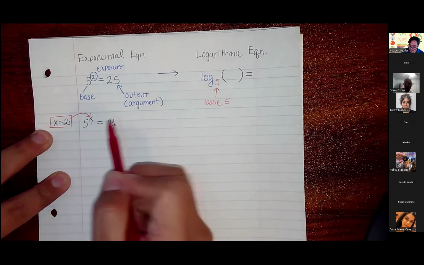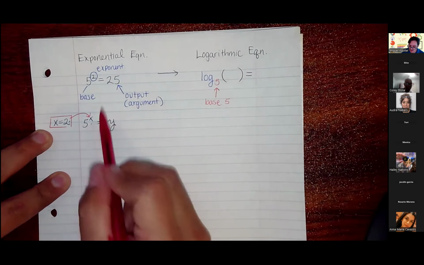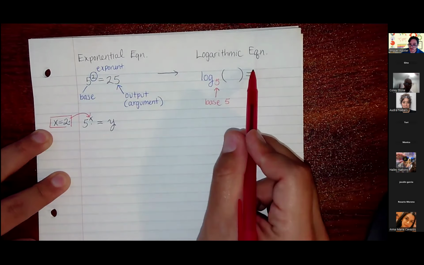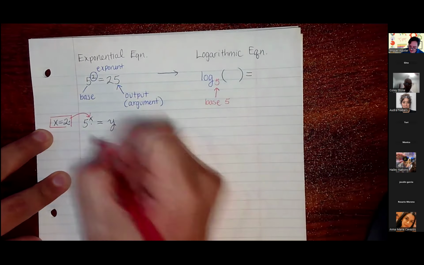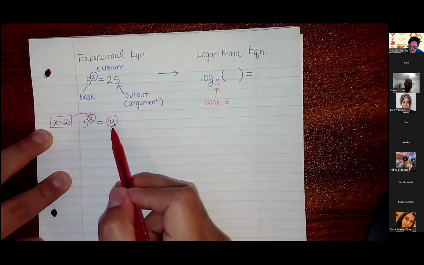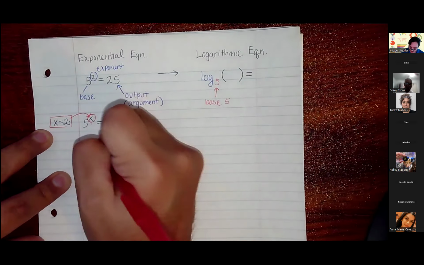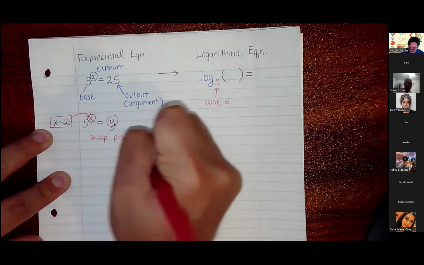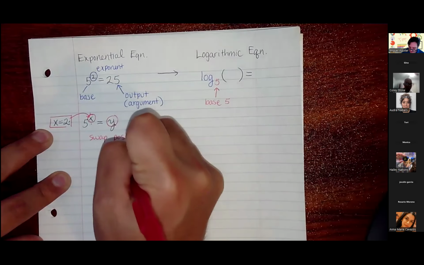If this is the exponential function that we're talking about in this equation, and we're going into a logarithm, which is the inverse, then the position of the x and the y value in this equation should swap. So we're going to swap the position of the x and the y.